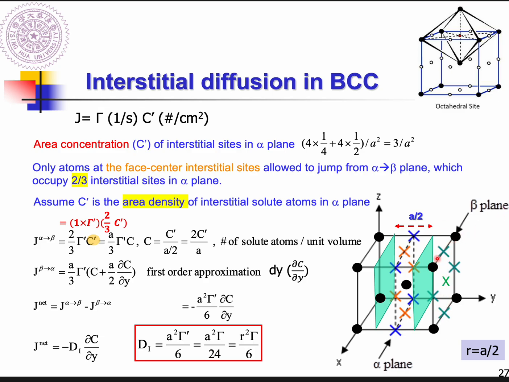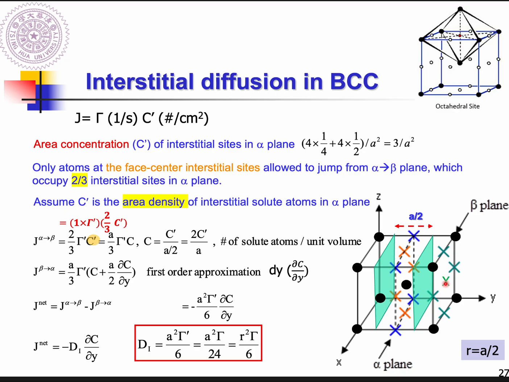Calculate the available C prime, which is half, 2 and 1, so it's 3 atoms, the same, right? Divided by A squared, calculate the possible jump directions and determine whether each atom can make a successful jump.